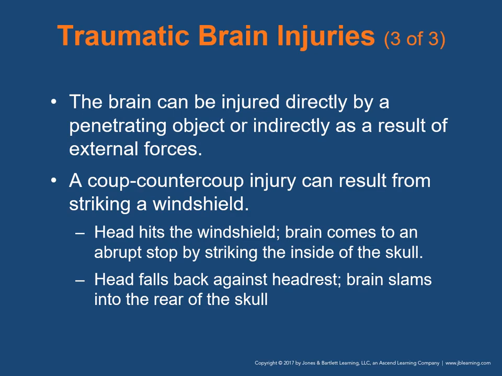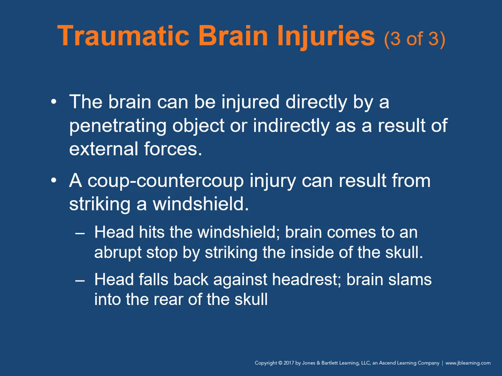A coup contrecoup injury can result from striking a windshield in a car crash. The passenger's head hits the windshield, and the brain continues to move forward until it comes to an abrupt stop by striking the inside of the skull. So in other words, the brain goes back and forth and strikes the inside of the skull.